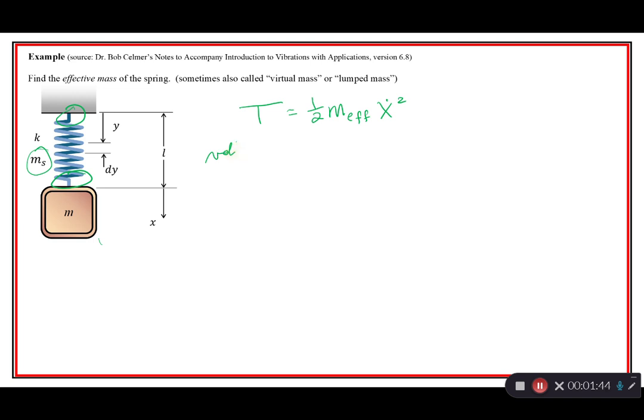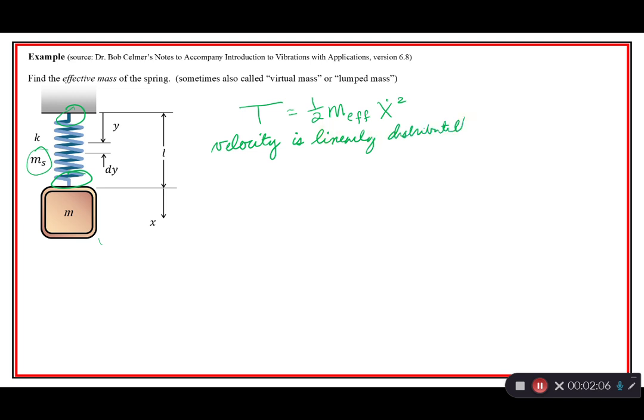So the velocity is linearly distributed.